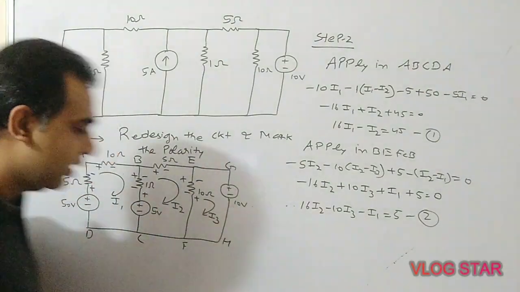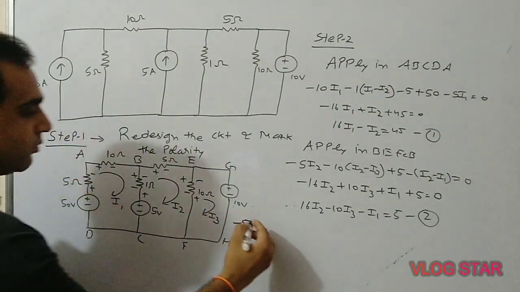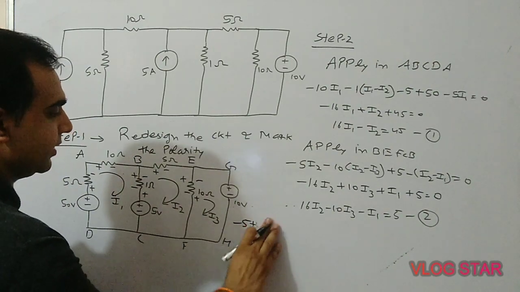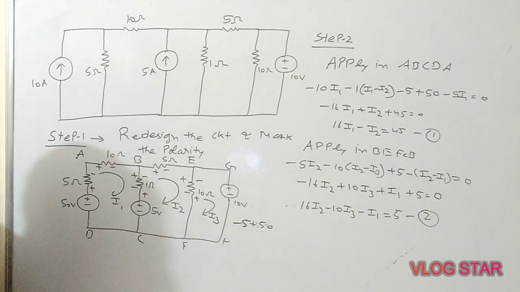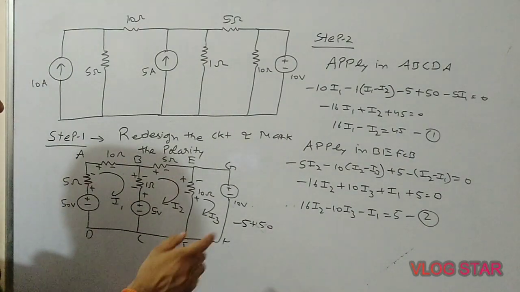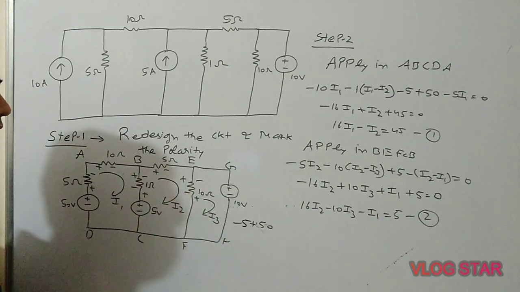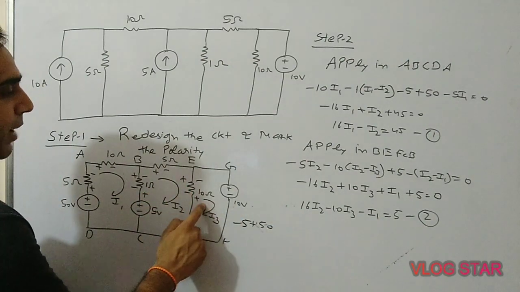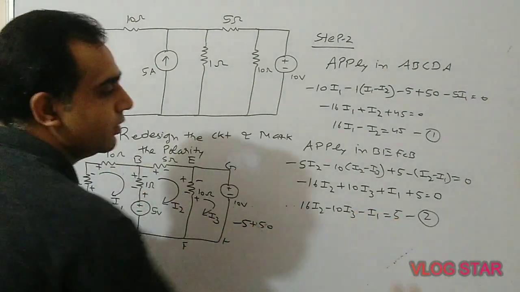How is it 45? Plus minus, minus 5, plus 50, sorry, so now this is 45. Correct? Now in the case of the second, 5 plus 1, 6, 6 plus 10, 16, 16 I2 minus 10 I3 minus this I1 equal to plus 5.